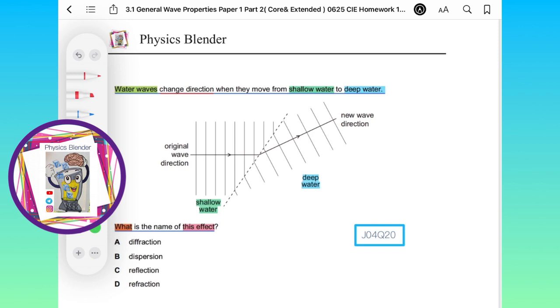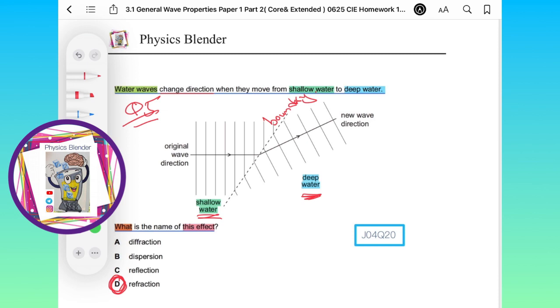Question number 5, we have here again shallow water and deep water, and we have here a boundary. So what is the name of this effect? As we said here, refraction. What do you mean by refraction? Refraction means waves behave differently when they find another medium.